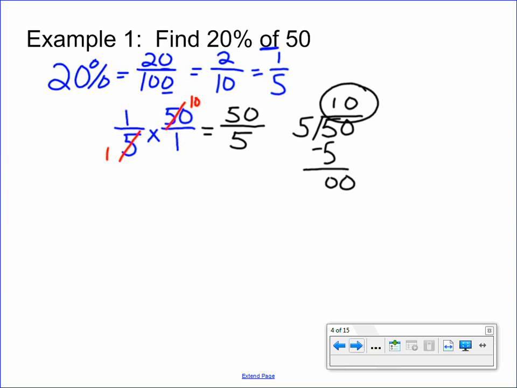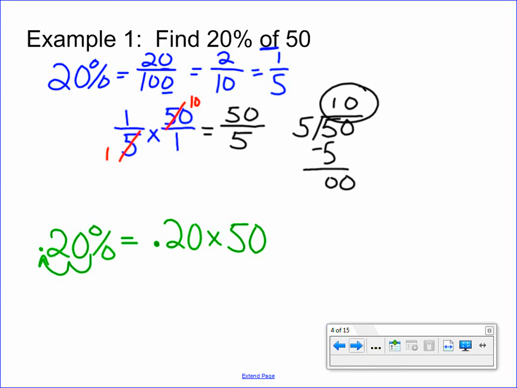Let's try it using the decimal format. If I have 20% and I convert it to a decimal, remember we move the decimal 2 spaces to the left because we divide by 100. So I've got 0.20, and again, same idea, times 50. You can do it either way. I'll go ahead and put the whole number 50 on top and multiply times 0.20 or 20 hundredths.